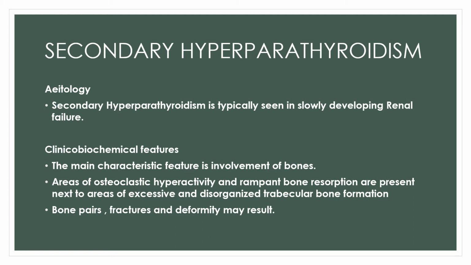The secondary is typically seen in slowly developing renal failure. In this condition, the excessive parathormone secretion occurs secondary to the persistent hypocalcemia, which causes continued stimulation of the parathyroid gland. So it is very important that it is not the primary thing, but a secondary thing. And what is the secondary thing?